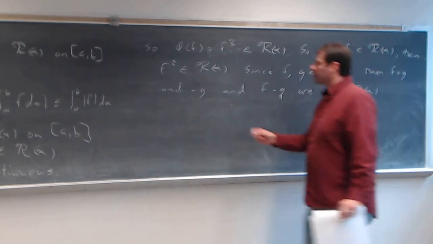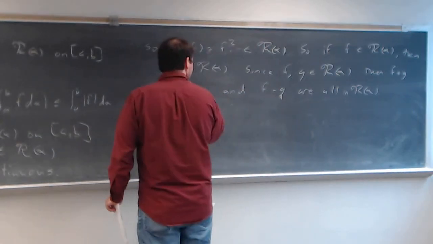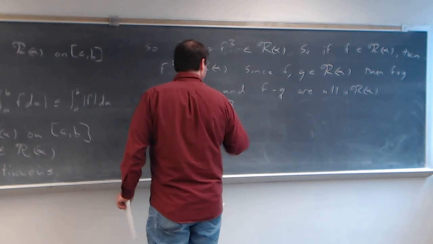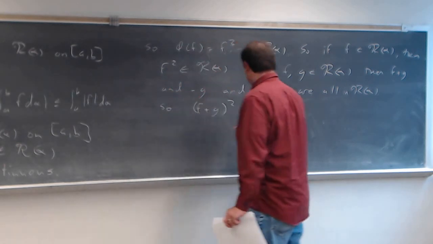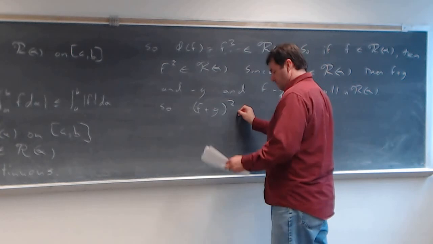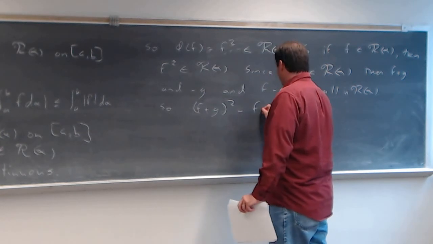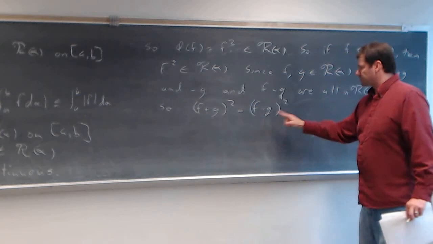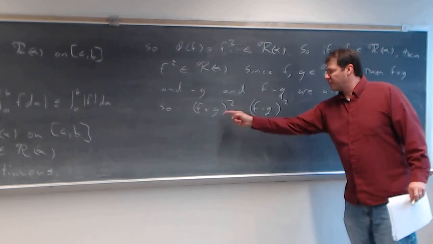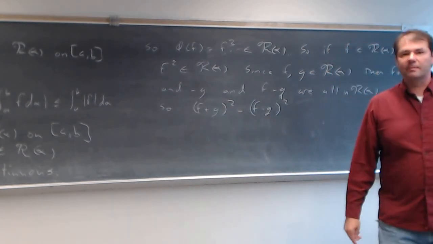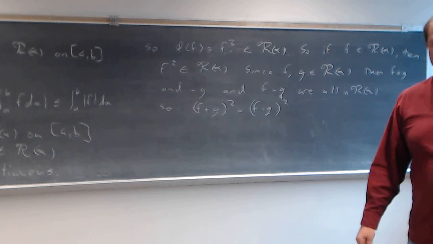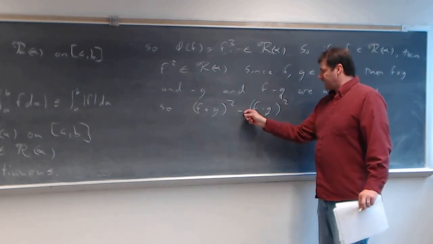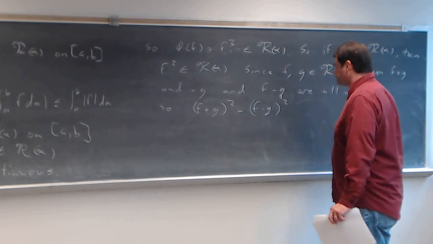So what we have is that f plus g squared is going to be Riemann-Stieltjes integrable. And then if we subtract from that f minus g squared, which is Riemann-Stieltjes integrable, the subtraction between two Riemann-Stieltjes integrable functions is Riemann-Stieltjes integrable, because you can think of this as the addition of negative 1 times this function.